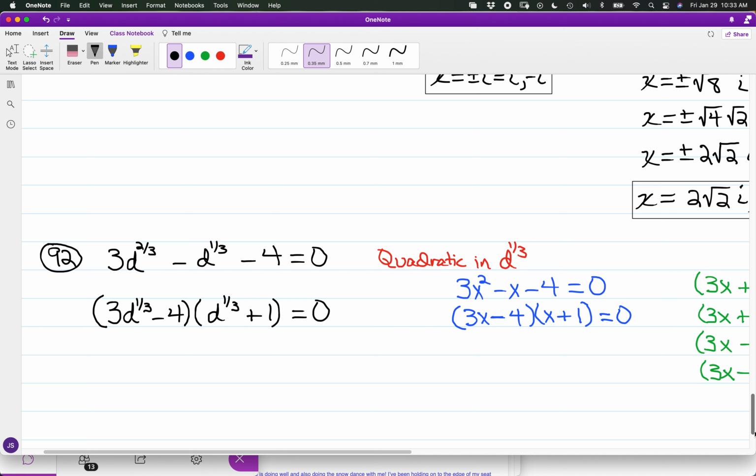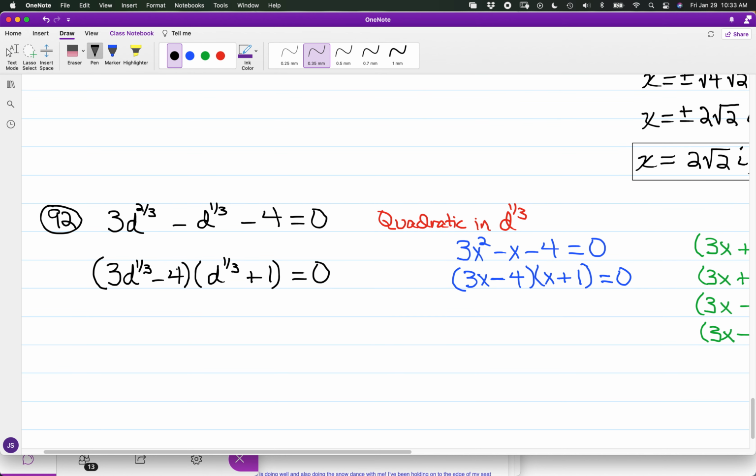is equal to 0. So we have a couple of factors in d, and if I set each of these to 0, I have 3 times d to the 1/3 minus 4 is equal to 0. And I have d to the 1/3 plus 1 is equal to 0.